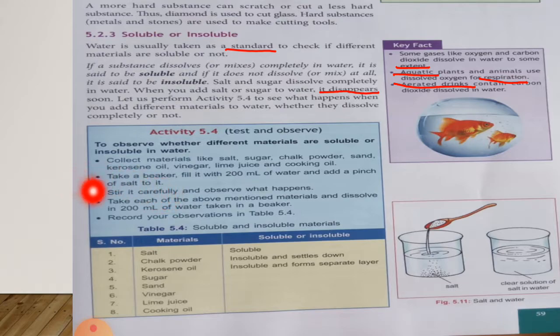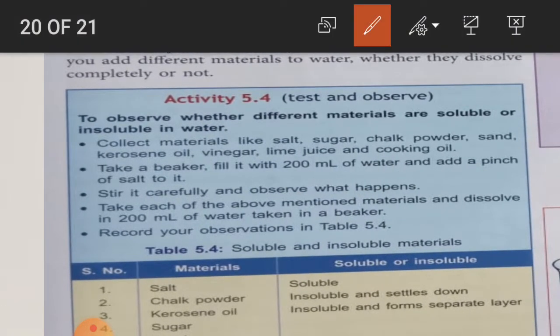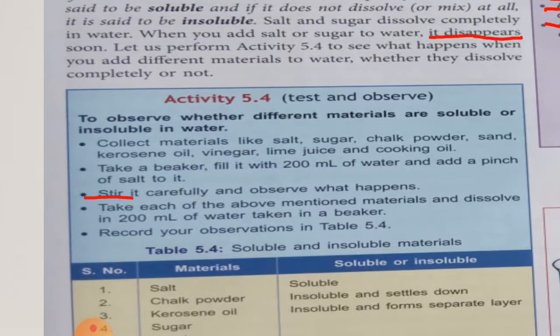After it you have to stir it carefully and observe what happens. Underline this word stir. Stir means to move by a spoon or other thing around in water to mix something. Is that clear?